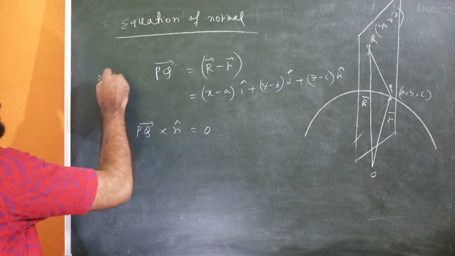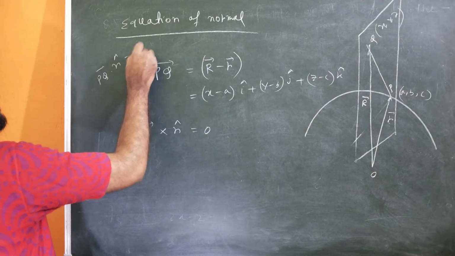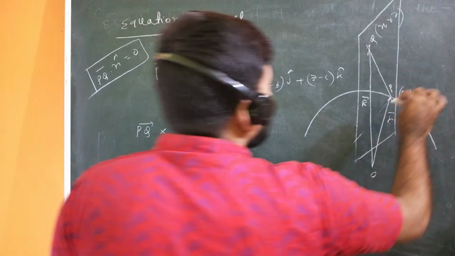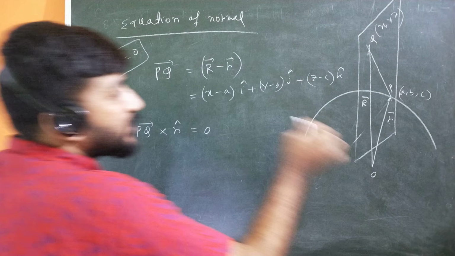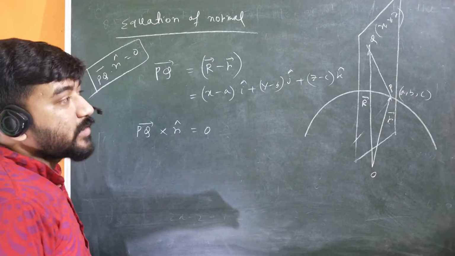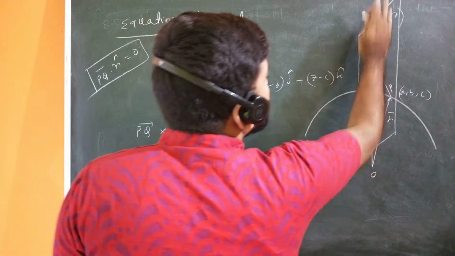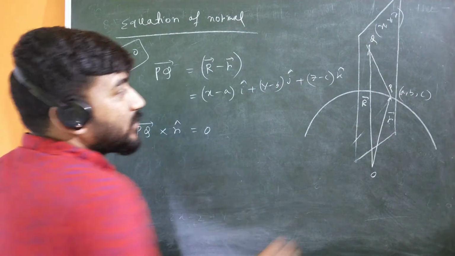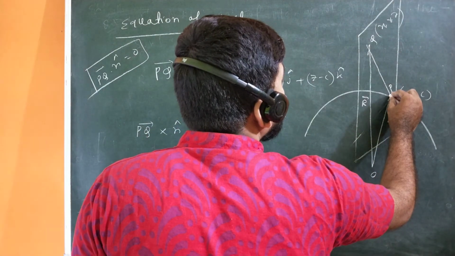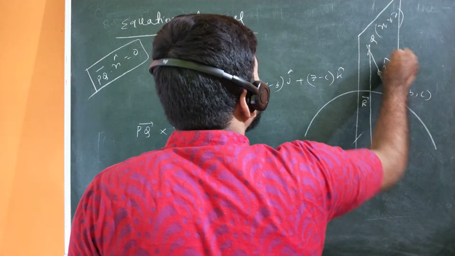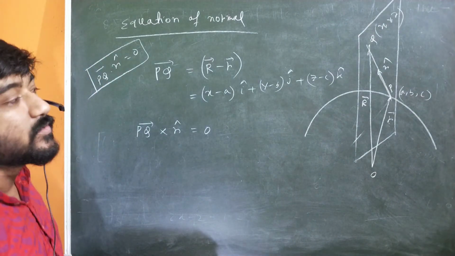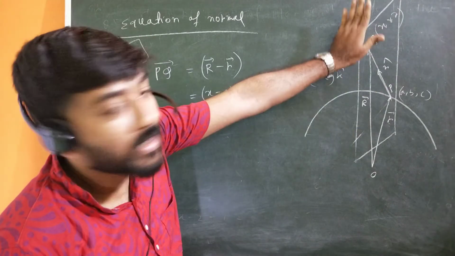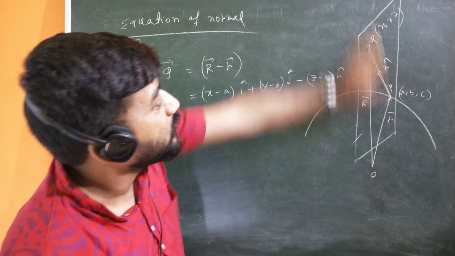Earlier you had PQ dot N cap is equal to 0, because in that case PQ and N were perpendicular to each other, since PQ was along the tangent and N cap was perpendicular to the surface. But here this PQ is also on the plane, and in this diagram I cannot show it, but actually PQ and N cap are in the same direction, which is normal to this surface, because this plane is actually normal to this surface.